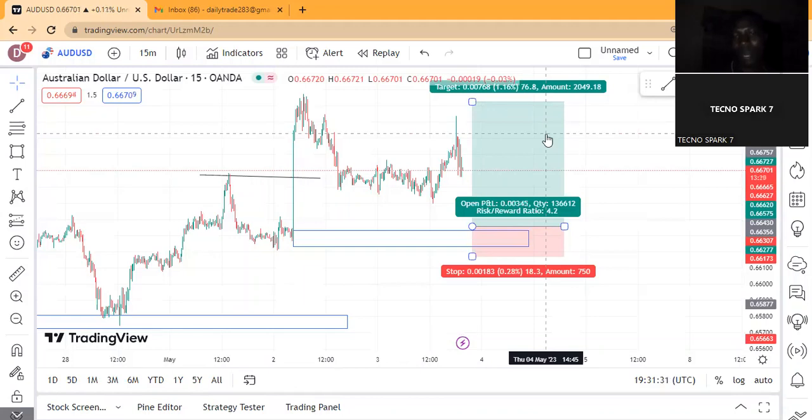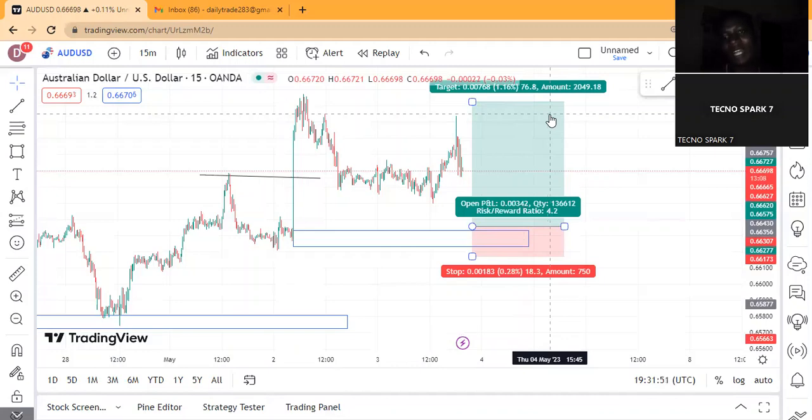If you are using 0.01, then you have 0.01 multiplied by 183. That will give you $1.83. So in your particular setup, you risk $1.83 to make $7.68. Are you with me? If you are using a 0.01 lot size, do you get it?